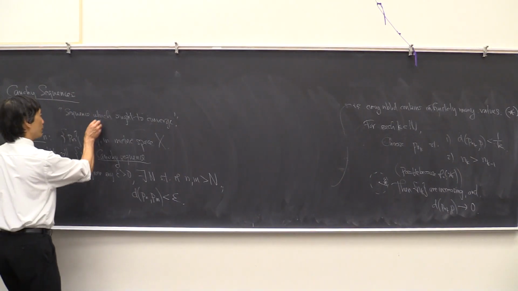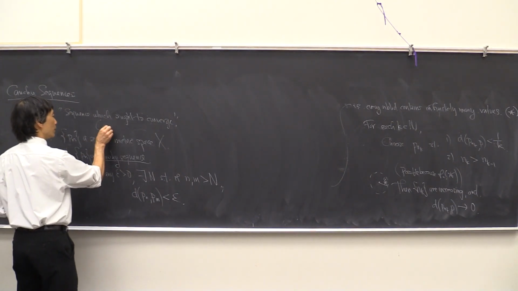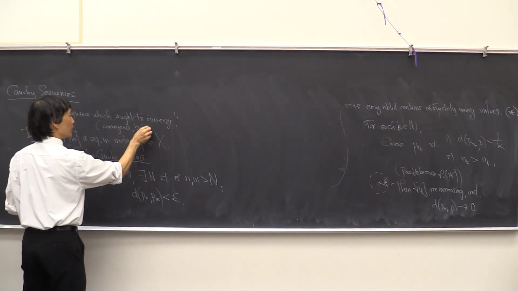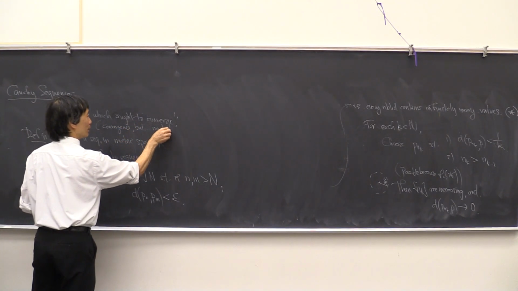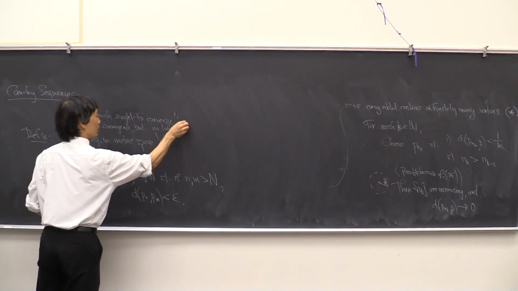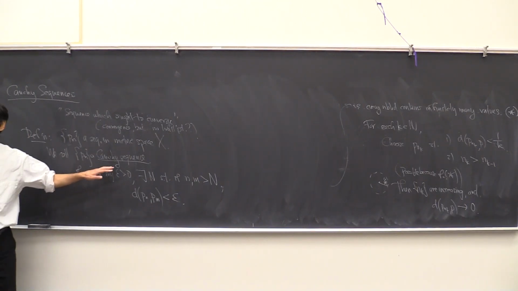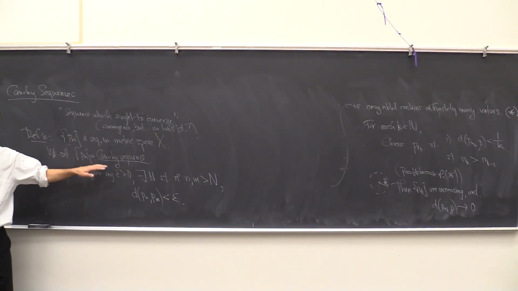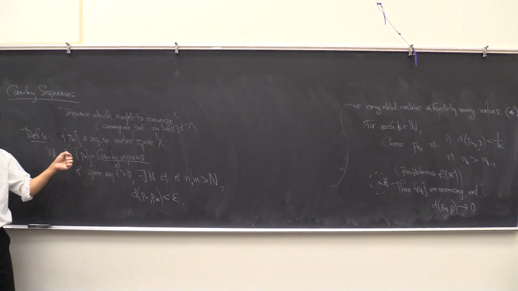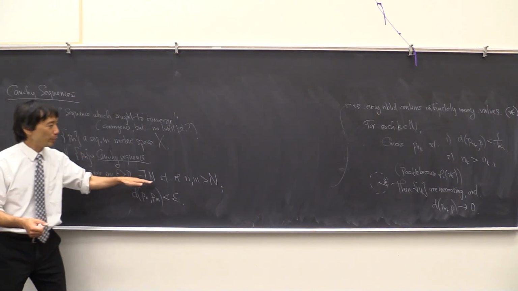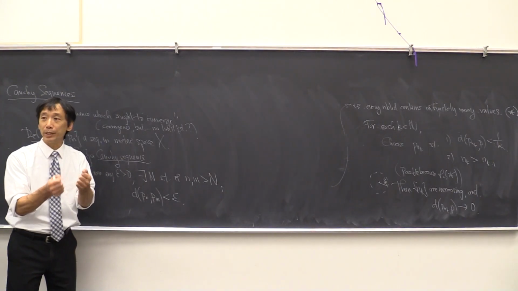So it's sort of like convergence, but no limit point. There's no limit point expressed in this definition. We don't talk about the limit point. We just say the points have to get closer to each other. Given any closeness, there's a time beyond which everybody is that close to each other.